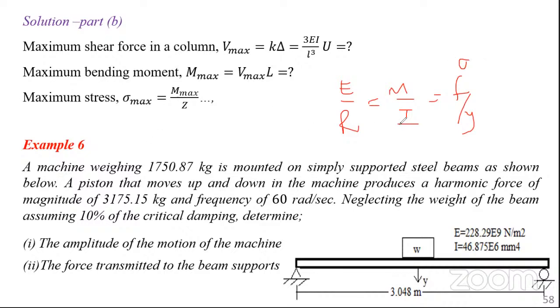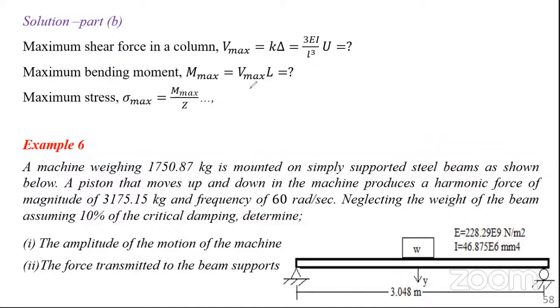We want to calculate the stress, and Y is the distance from the neutral axis to the extreme fiber. M is the moment and I is the second moment of inertia. If you don't have this Y, you need to know how to relate it to the section modulus. The section modulus is equal to I over Y.